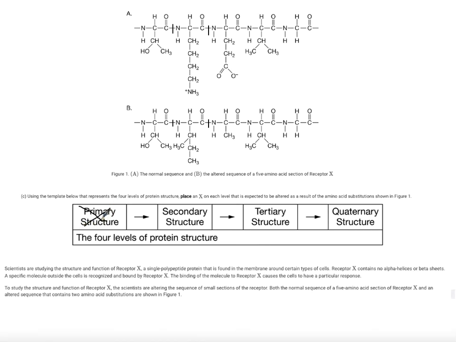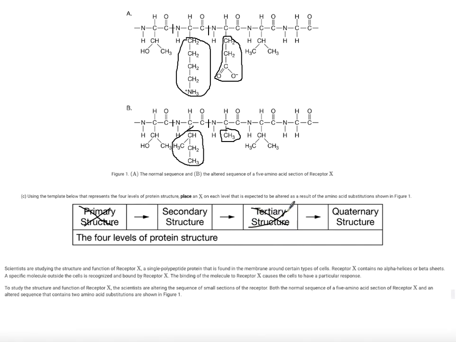And then, because these R groups have been changed, right? These R groups are right here. They've been changed, so that is definitely going to change the tertiary structure. So we're going to put that there.